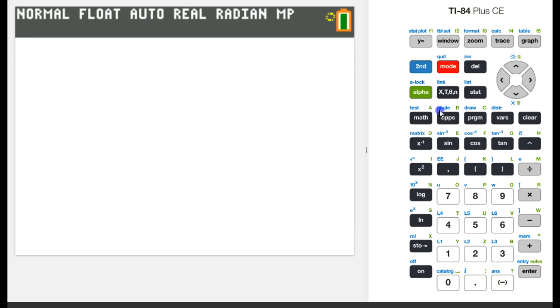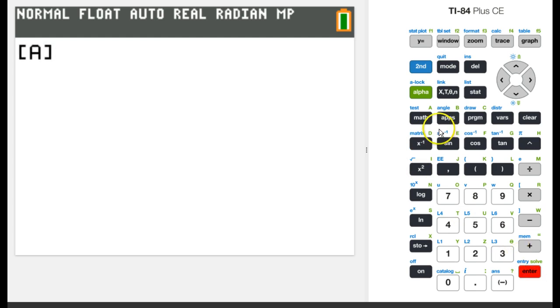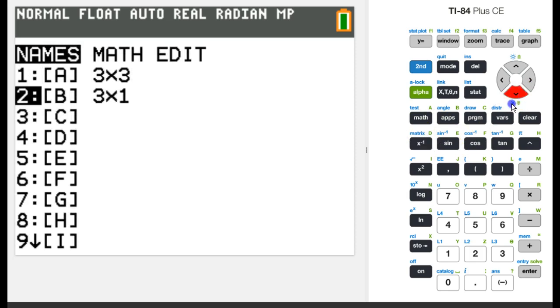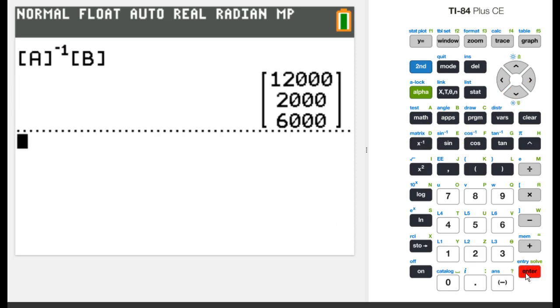Quit your way out of this as well. Now go back to the matrix area, hit enter for matrix A, hit this button to make it the inverse, go back to the matrix area, go down to B. Now we have A inverse B, kabam! And this is going to be the answer, 12,000, 2,000, and 6,000.